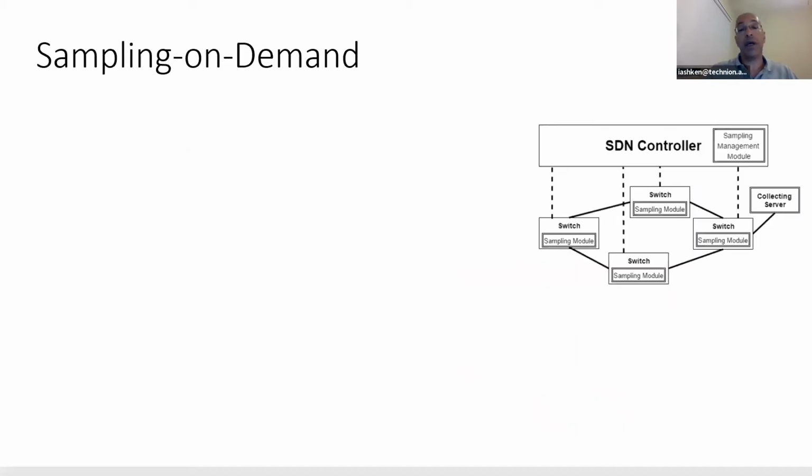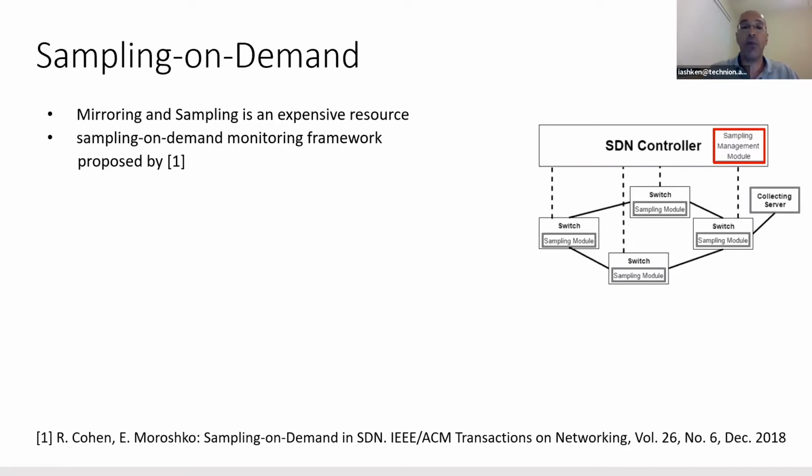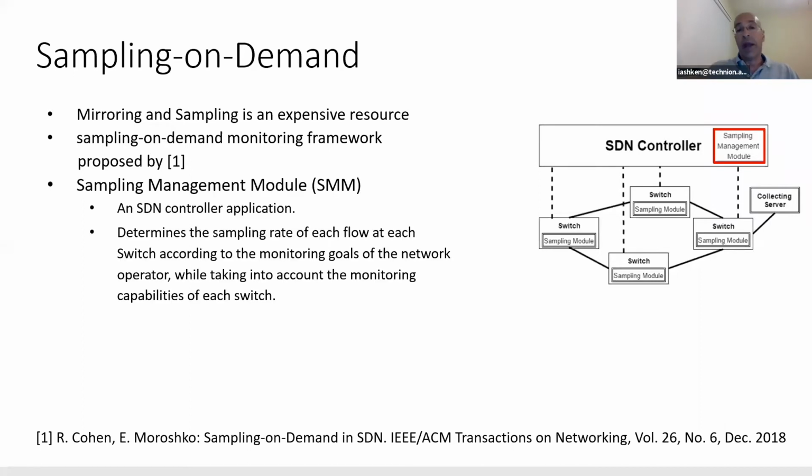And actually, we also introduced 2 years ago a sampling on demand framework, which takes into account that mirroring and sampling is an expensive resource. This framework was proposed by the professor of my lab, Professor Reuven Cohen. It talks about the ability to optimize the sampling resources in the switches. The controller will have the sampling management module.